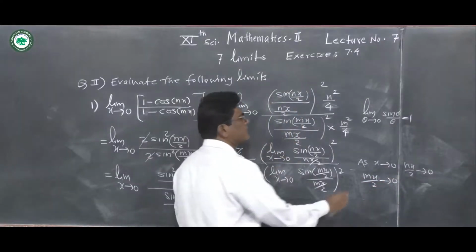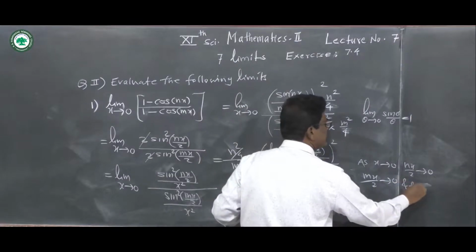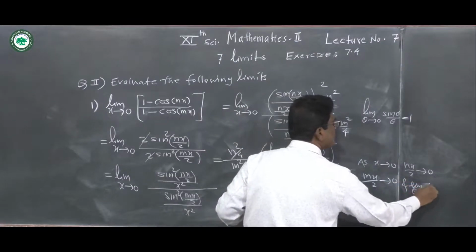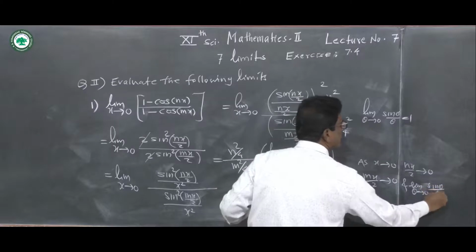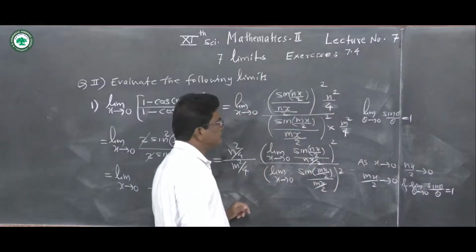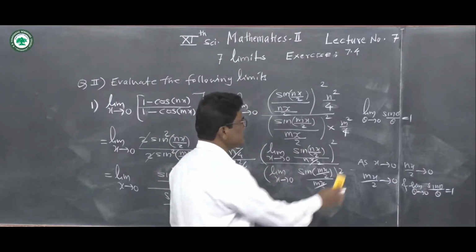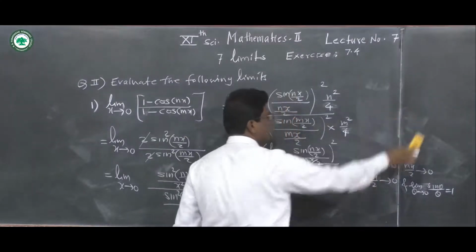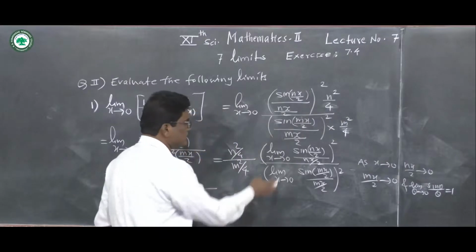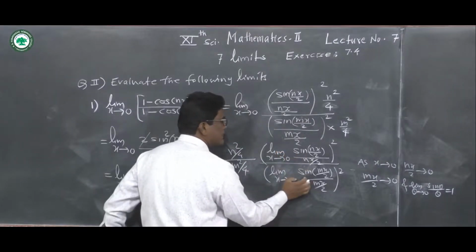Using the formula limit as theta tends to 0 of sin theta upon theta equals 1, here also we have written that formula. So the value of this is 1 and this is also 1.